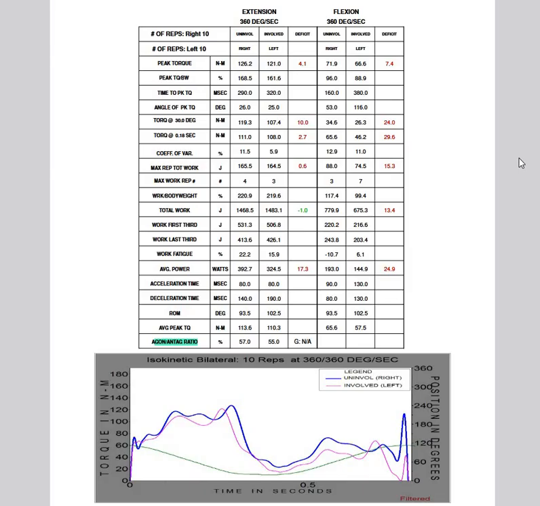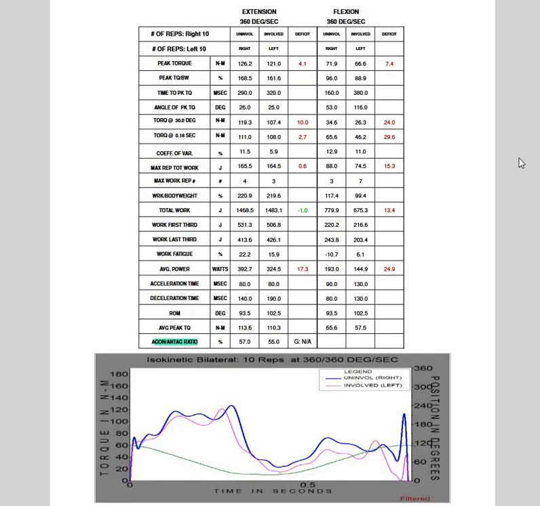The reason it's referred to on the report as the agonist-antagonist ratio and not the hamstring to quadriceps ratio is because the report doesn't specify the movement that's being assessed. So, for example, if you were performing internal and external rotation, the internal rotator muscles would be the antagonist and the external rotators would be the agonist.